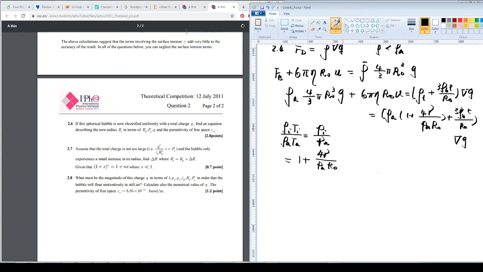Oh, they're also telling us in all the equations below you can neglect the surface tension terms because gamma adds very little to the accuracy of the result from the numerical calculation.